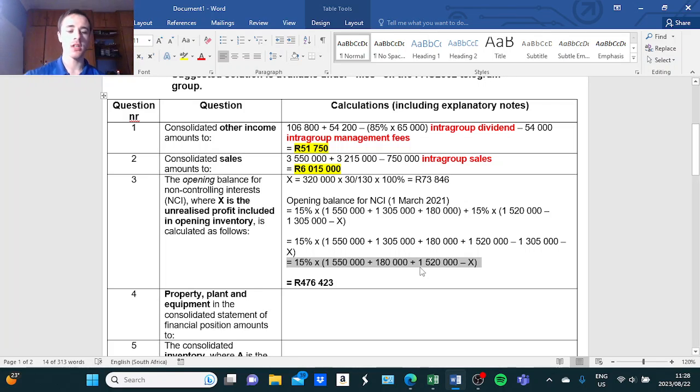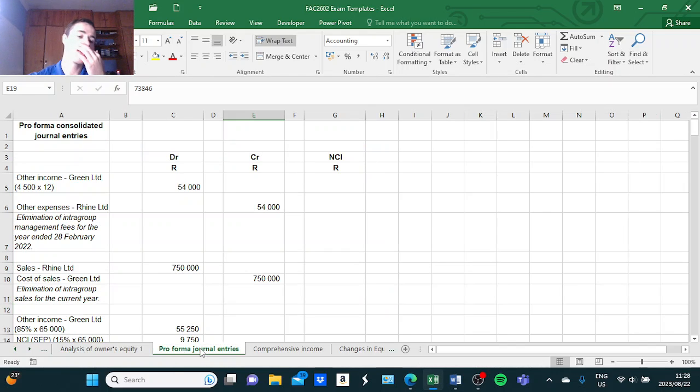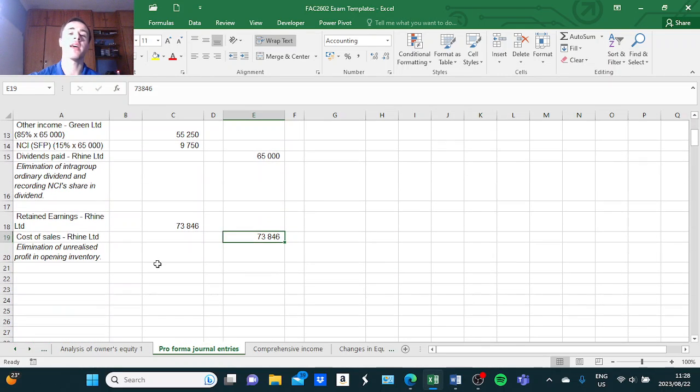Okay, so we are done with the opening balance for NCI, and you will see later on that they have asked you to indicate the correct journal entry to eliminate the unrealized profit in opening inventory. So now that you have done that, you can answer that question as well.